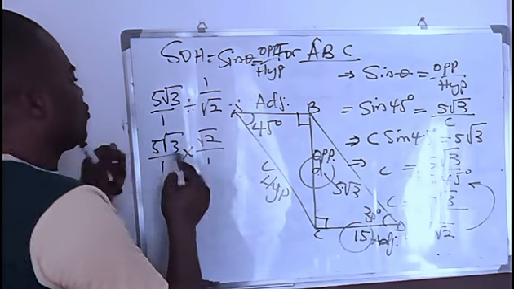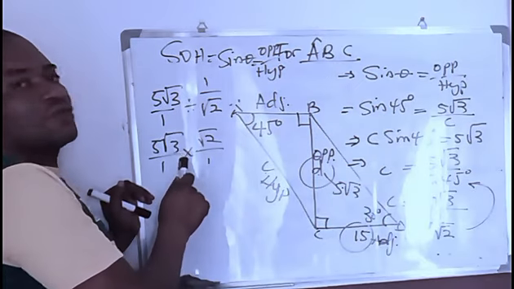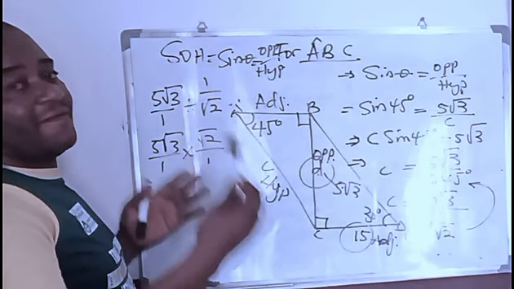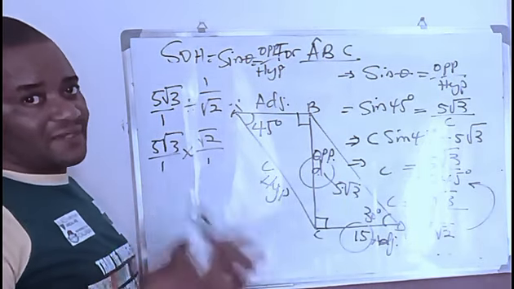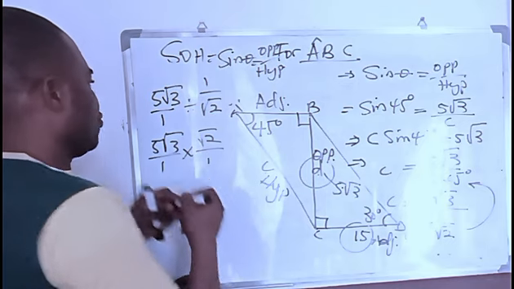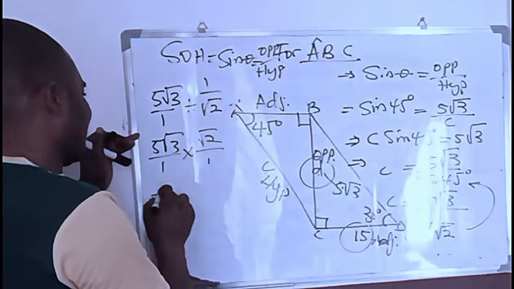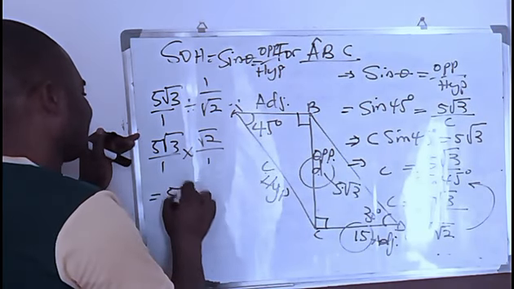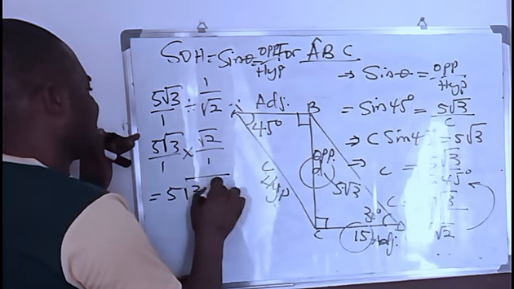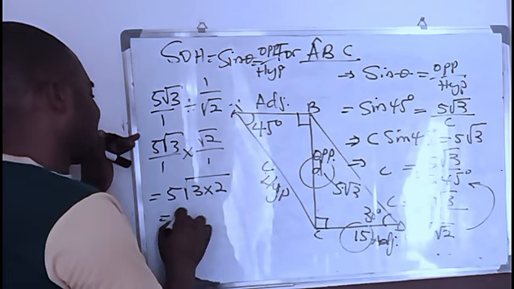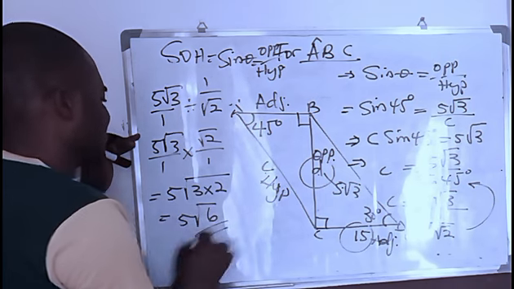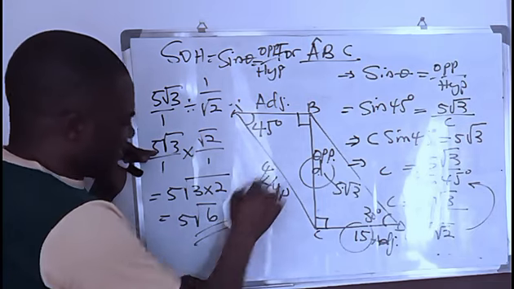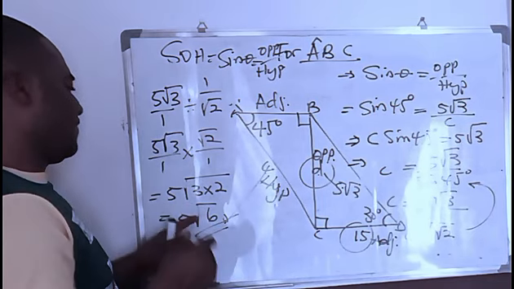But of course, once you change a division sign to a multiplication sign, you do an inverse of the right hand side fraction. So with this, we're going to have 5 times surd 3 times surd 2, and this gives us 5 surd 6. That means that this c is 5 surd 6.